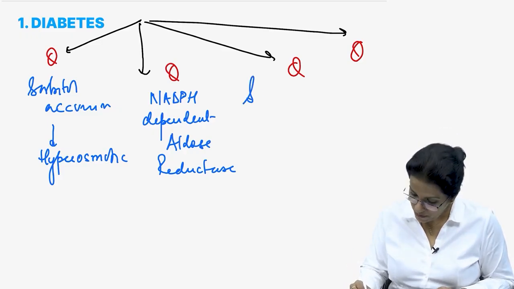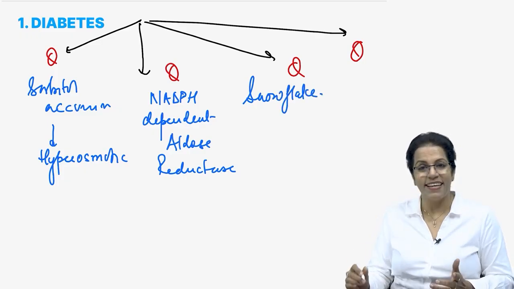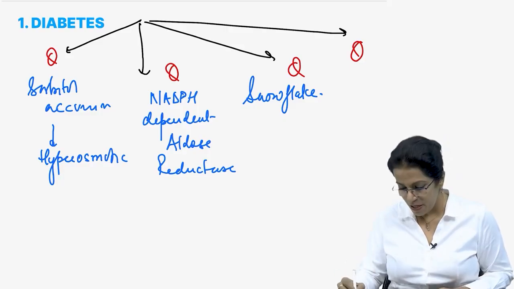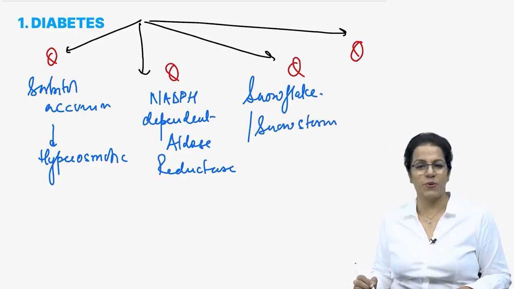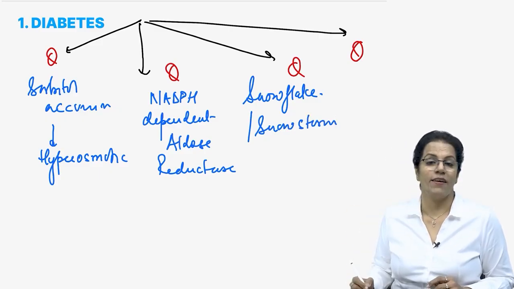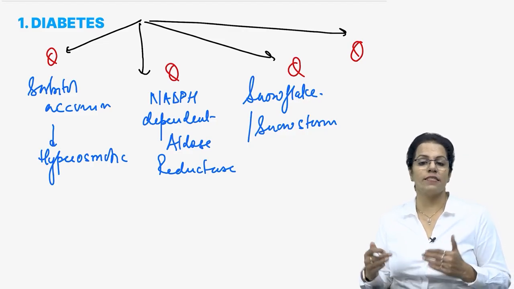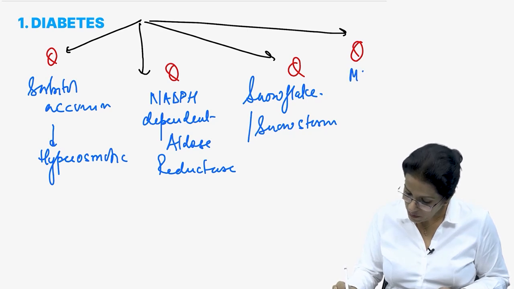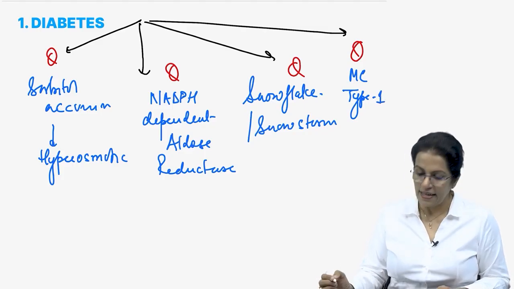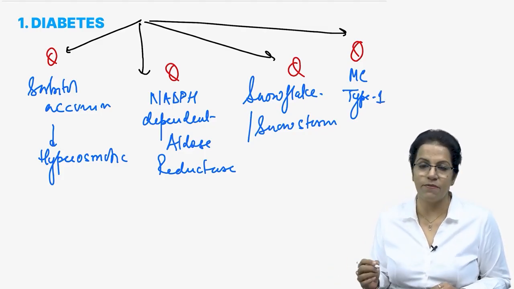We all know snowstorm or snowflake, because opacities, I told you, it's all a morphological description. Opacities look like snowstorm or snowflake cataract. Another thing. In which type of diabetes is this snowflake or snowstorm more common? Now you will answer it is more common in type 1 diabetes.